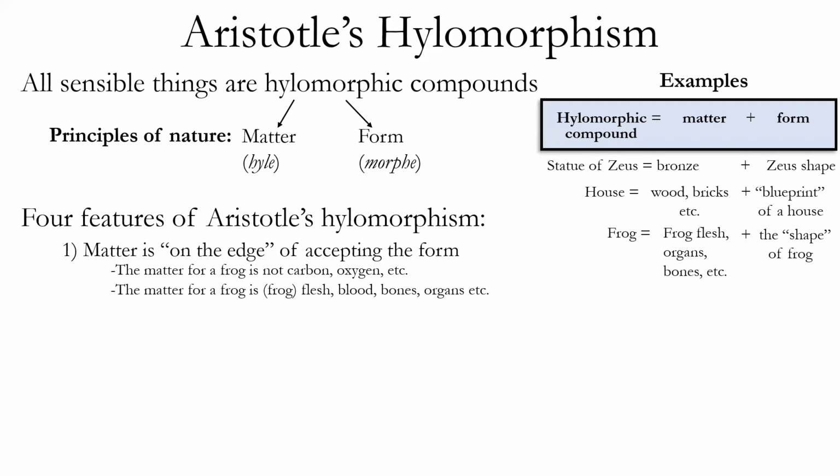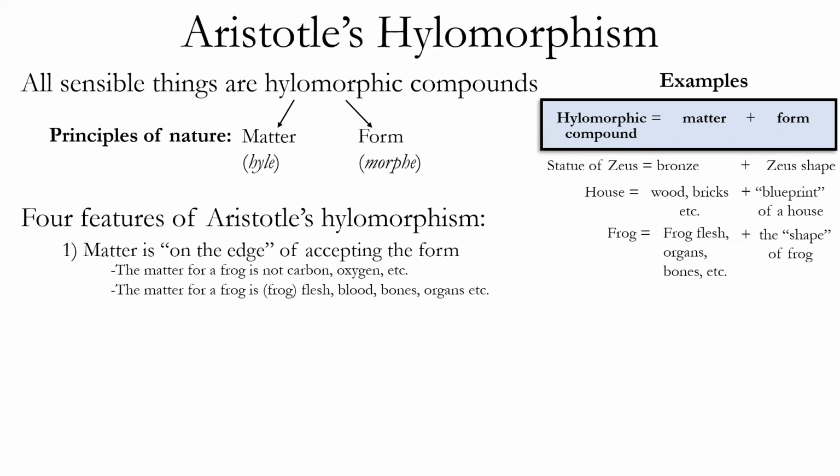It's not going to be, because a frog is ultimately made out of atoms, out of carbon and oxygen and nitrogen and hydrogen. Those things, however, aren't really what the matter for a frog is, because they aren't right on the edge, so to speak, of being a frog.